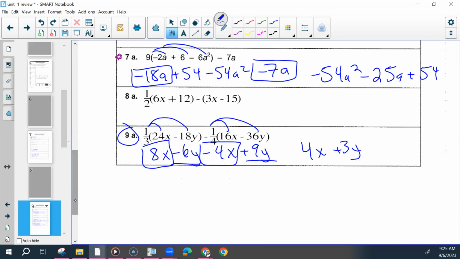Other questions? -54a squared minus 25a plus 54. Okay, so we've done translating, we've done simplifying, next is evaluating. We can go on to the next page.